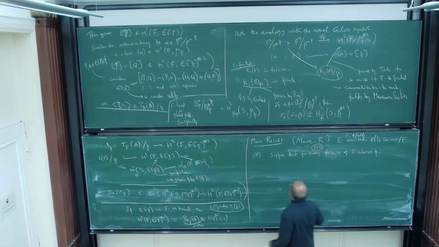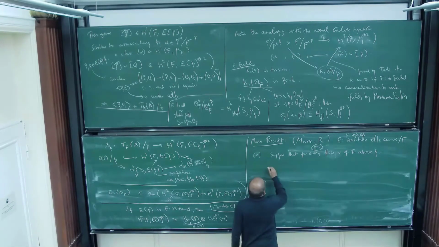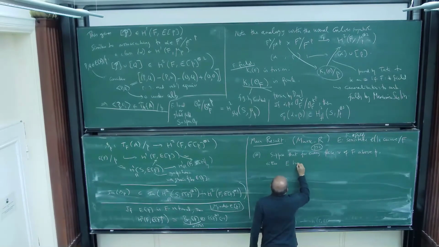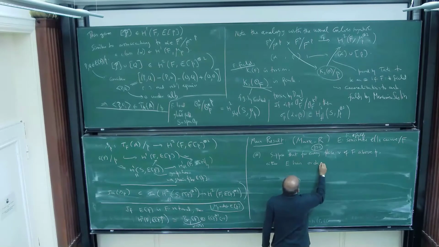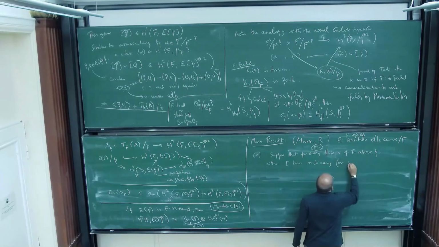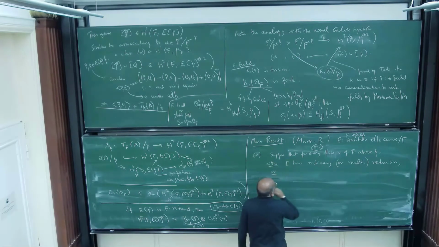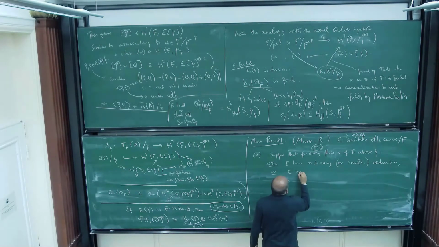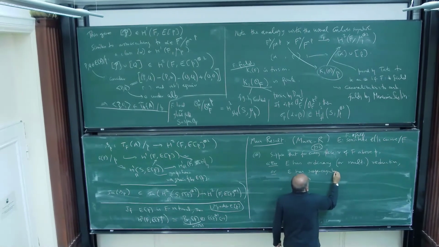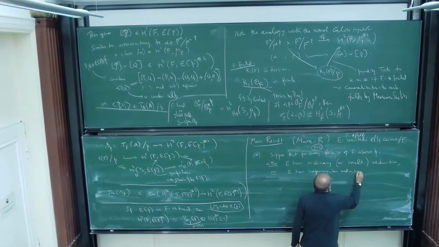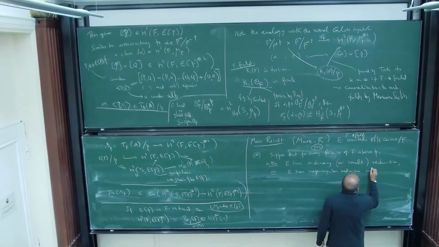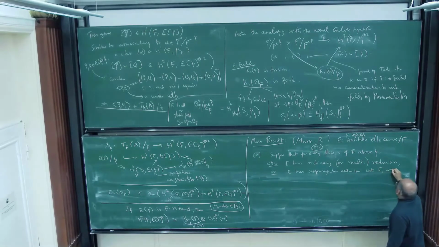Okay, so now for every v you assume that either E has ordinary, or I'm putting multiplicative reduction, or I'm going to assume that E has supersingular reduction, but in this case I have to assume F_v is unramified.